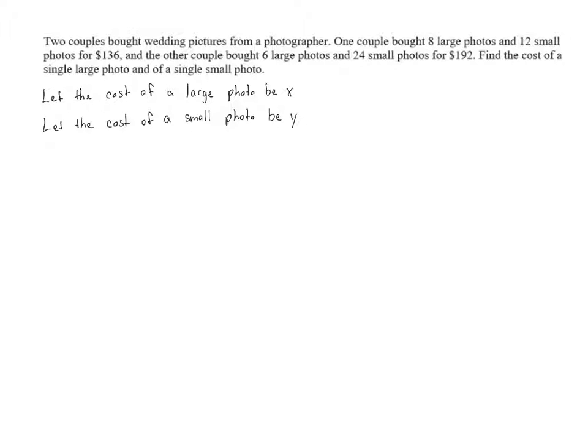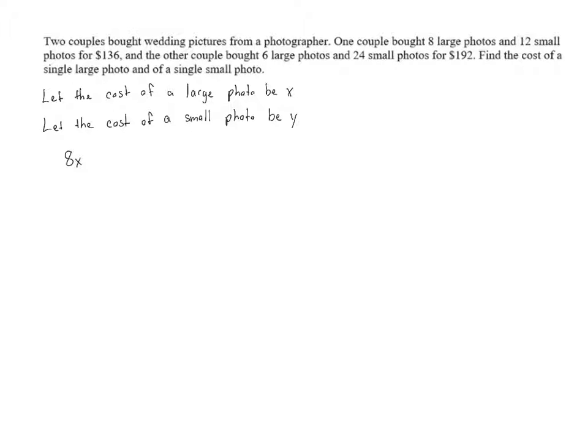Now we need to write two equations that model the situation, and it looks like the information is split up in the problem based on the two different couples. So let's look at each of the couples' transactions. The first couple bought 8 large photos and 12 small photos. If a large photo is x dollars, then those 8 large photos cost them 8x dollars.